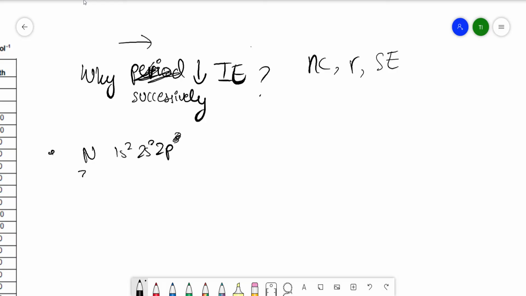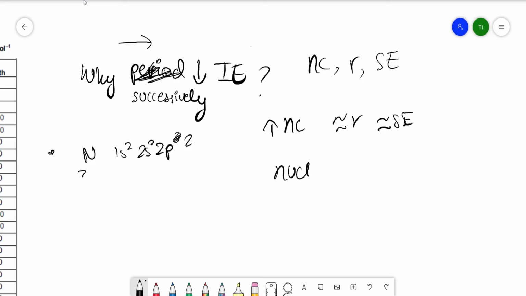When you remove the first electron, there's 6 left. So the nuclear charge per electron increases, whereas the radius, the distance of the outer electron from the nucleus, is reasonably constant. And the shielding effect is also the same because it's the same shell, the shell isn't decreasing.